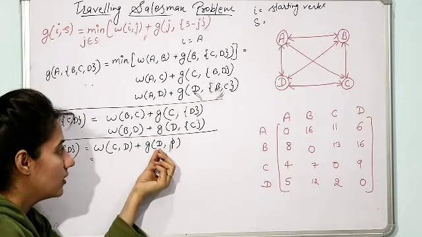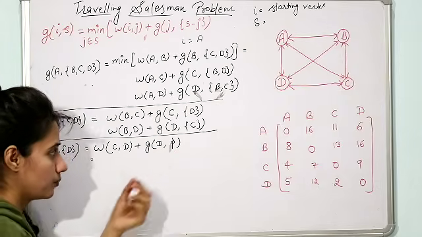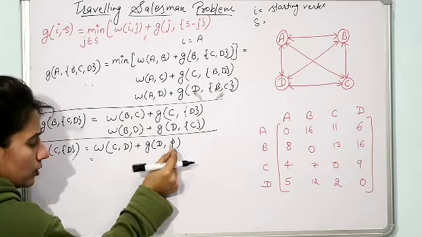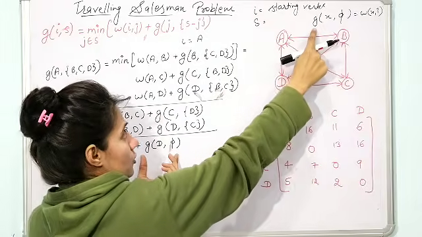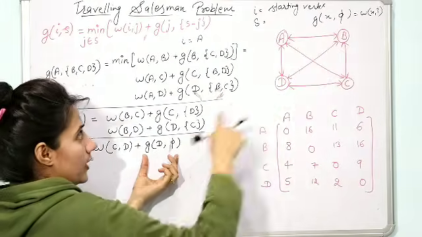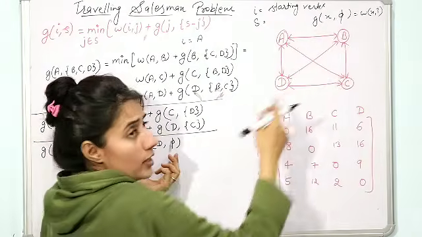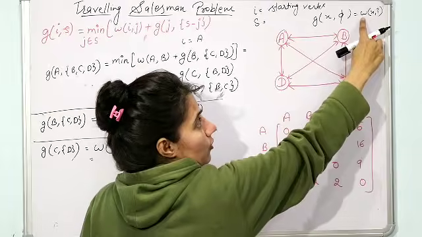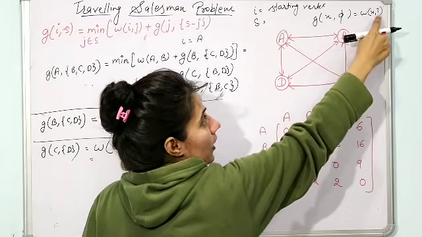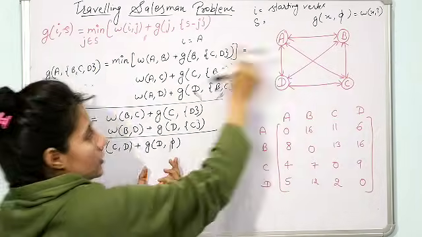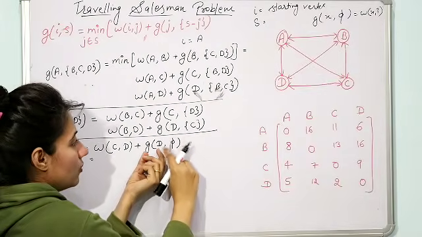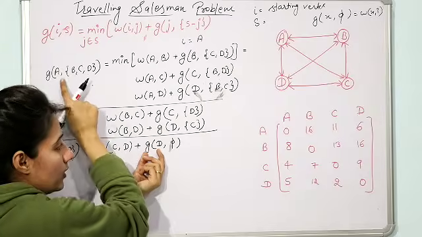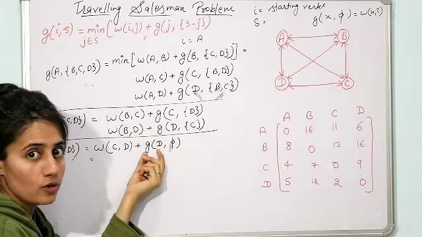Now you will write the distance of D to A. If we find G of X and phi, where X is any vertex, then it would be equal to weight of X to I, where I is the starting vertex. Now here X is D, and weight of D to I, I is A, so D to A.